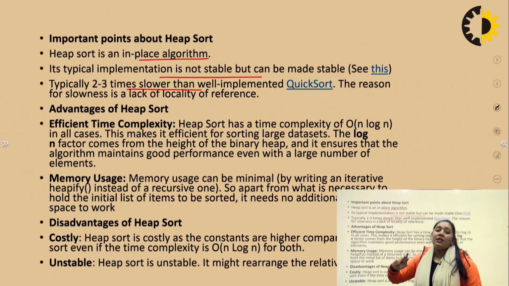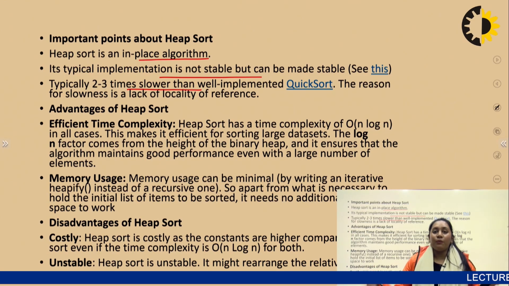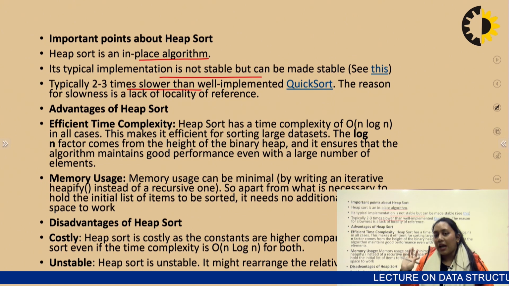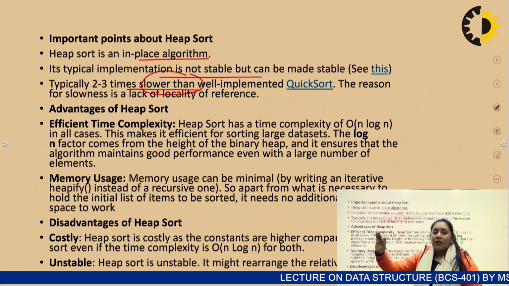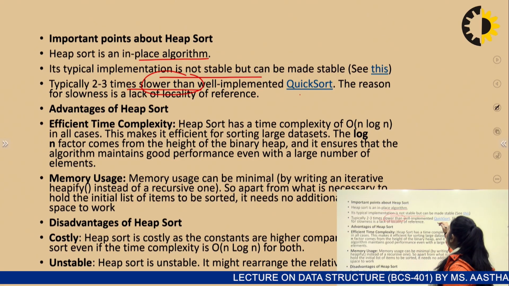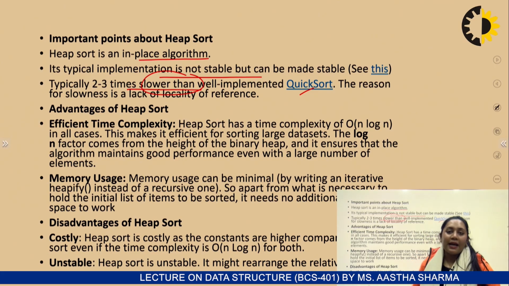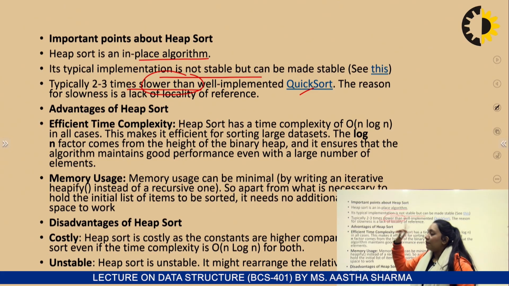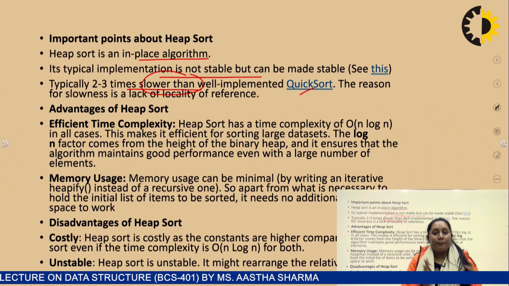Why? Because every time you need to heapify the elements, and then after sorting the elements in linear form, you need to swap the elements. The first element is swapped with the last element, right? So that's why it is slower than the previous sorting algorithms. Like in quick sort, we just use the pivot element to sort all the elements, but in heap sort you first need to heapify the elements.